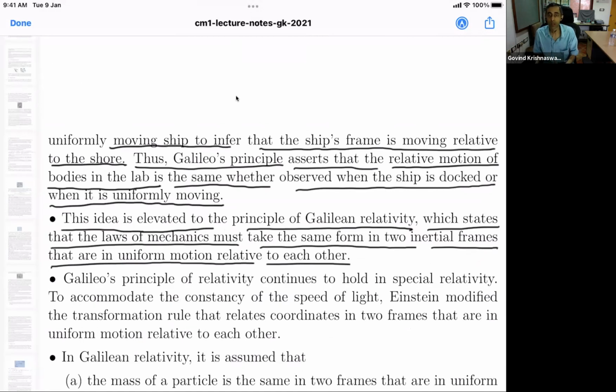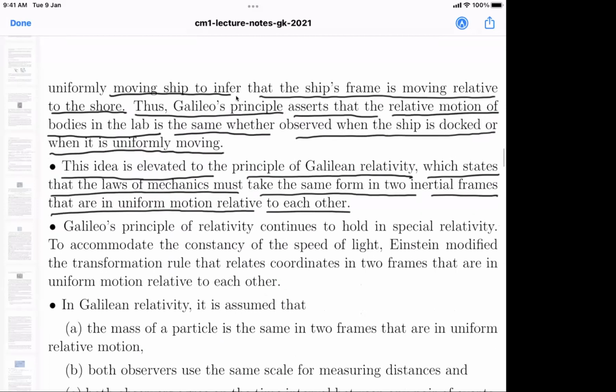We will give a mathematical expression for what we mean by this as well. Or in other words, Newton's laws hold in one inertial frame if and only if they hold in another inertial frame. So that is another way of thinking of it. I will elaborate on this shortly.